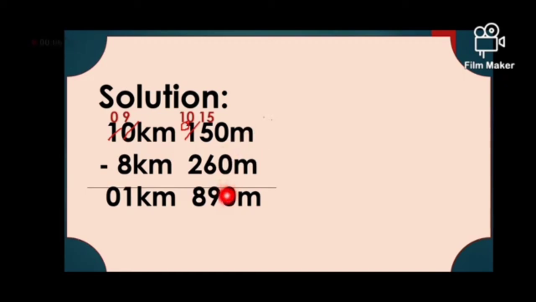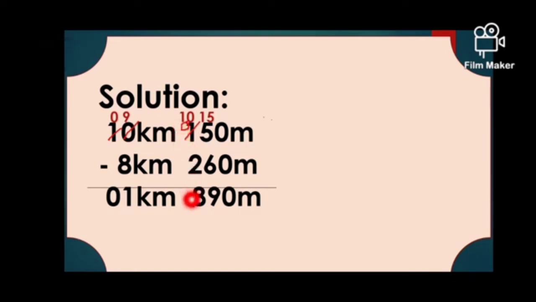0 minus 0 is equal to 0. 5 minus 6, so we borrow 1. Then it will be 15. 15 minus 6 is equal to 9. Then 0 minus 2. We borrow 1 from this number, but it is 0. So we borrow 1 from this. Then it will be 10. 10 will be 9 when we borrow 1 from this number.